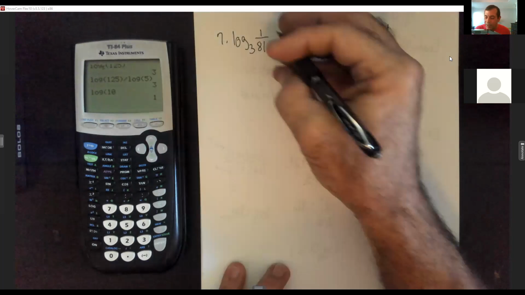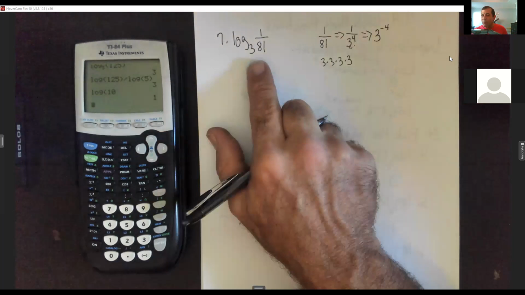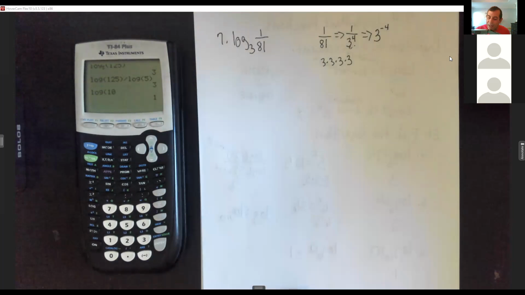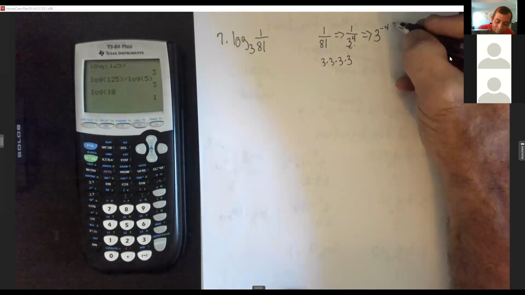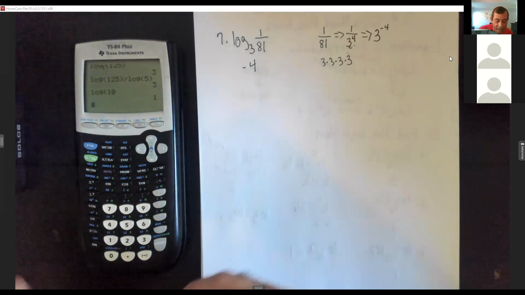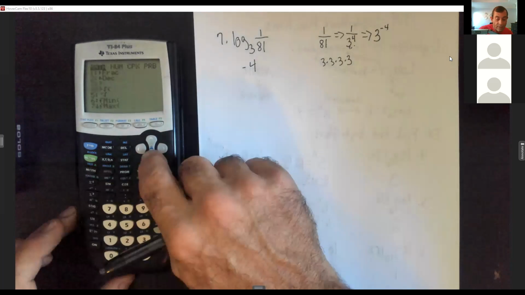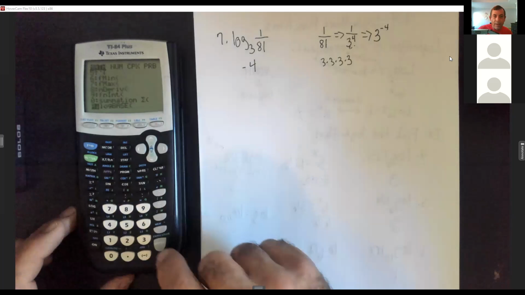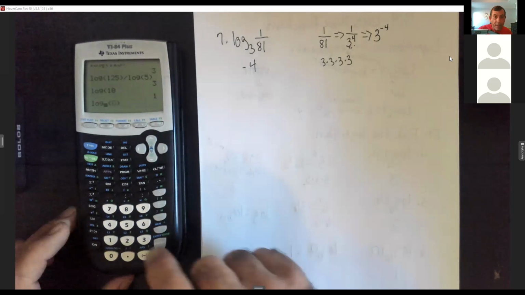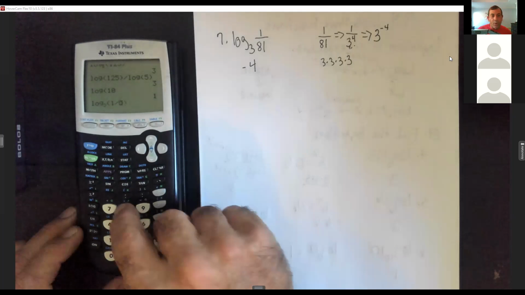Here's the question. What's the answer to this problem? What did that exponent end up being? -4. That -4. Now, if you have log base on your calculator, you can go down to log base, enter, then put a 3, and then go over and put 1 divided by 81.